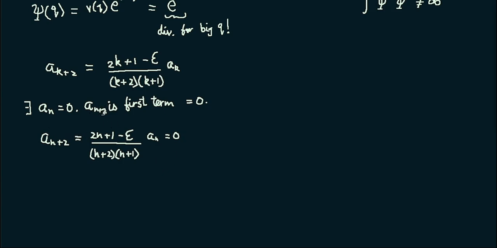And we also know that a_n is not equal to 0, because n + 2 is the first term which is 0. So then we must have that (2n + 1 - epsilon) over (n + 2)(n + 1) is equal to 0.